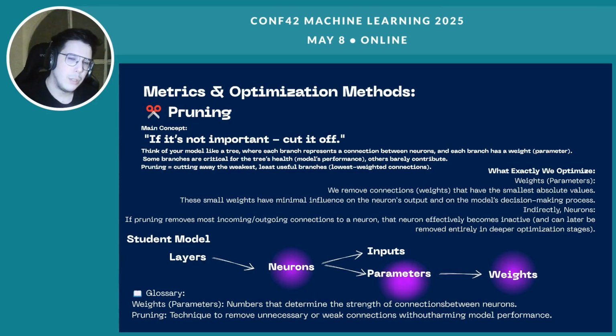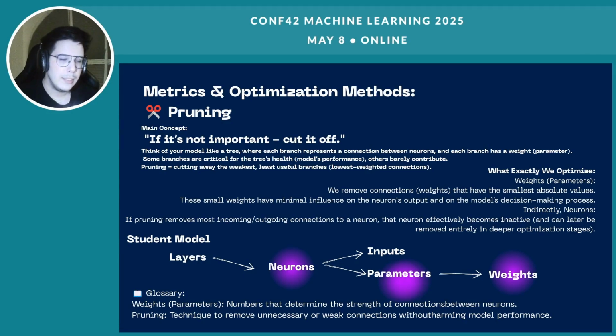Pruning. If it's not important, just cut it off. For this purpose, we can imagine our model like a tree, where every branch is a connection between neurons, and each branch has leaves, which are parameters and weights. With pruning, we can decide which weights we can disable and just not use at all.